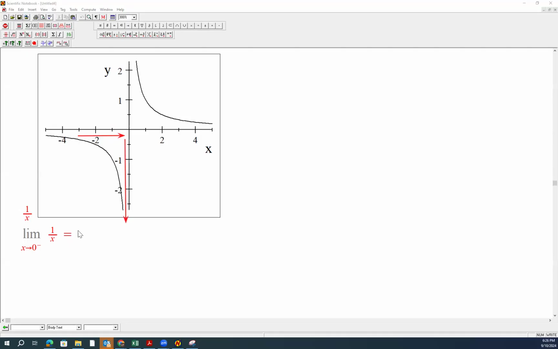So that's going to be negative infinity.